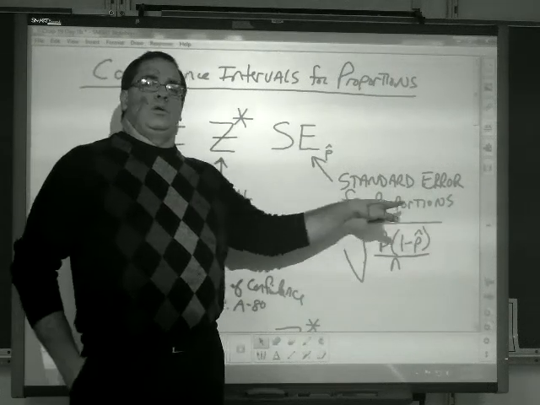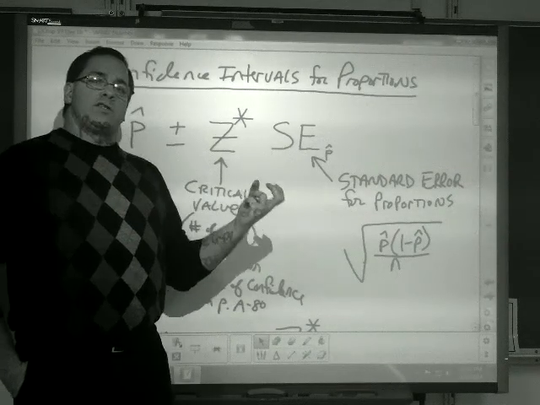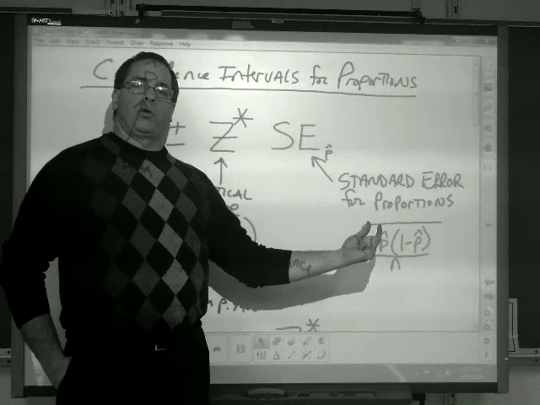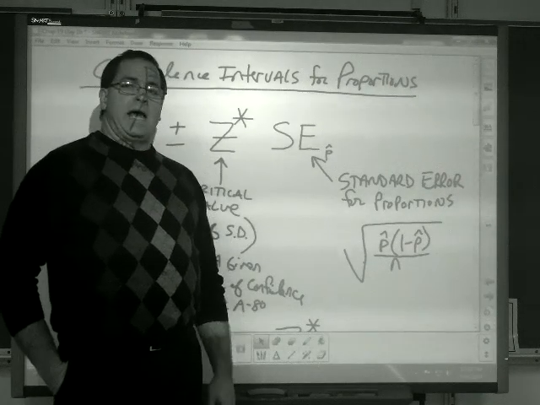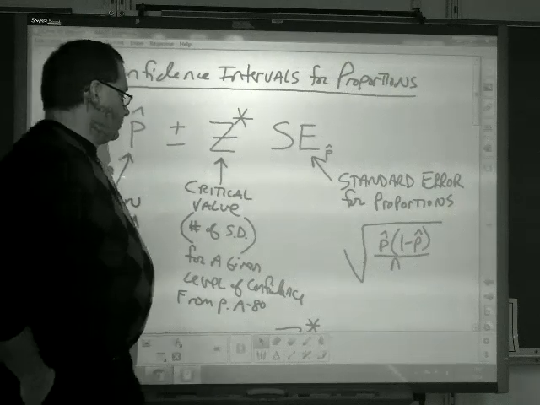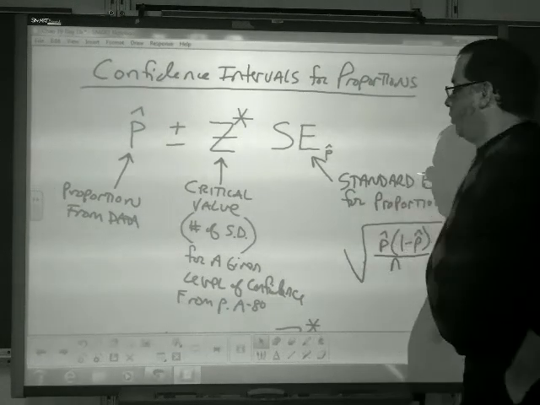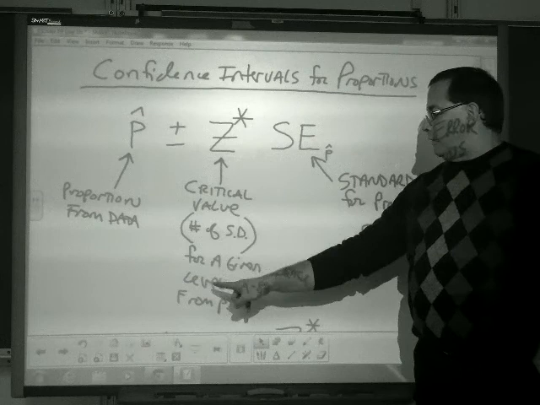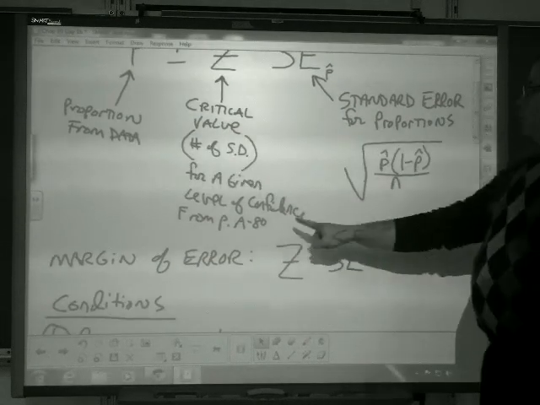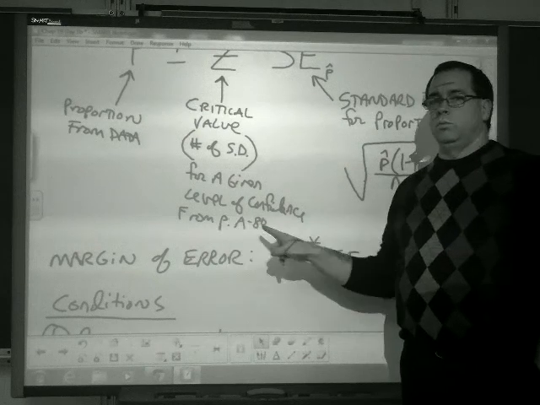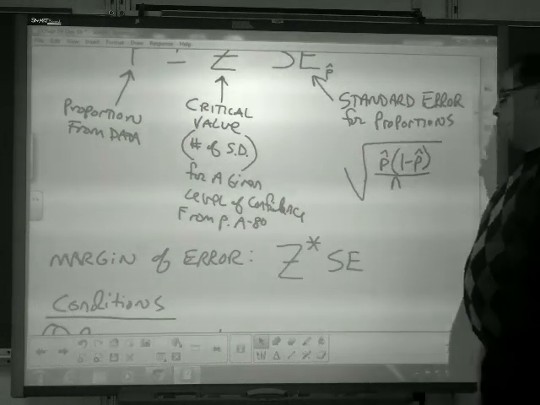Because for this problem we don't know the true proportion, we only know the proportion from data, we use p hat in the problem. We'll talk about where we're getting this critical value in a little bit. It comes from the back of your book, from page A80. All right?